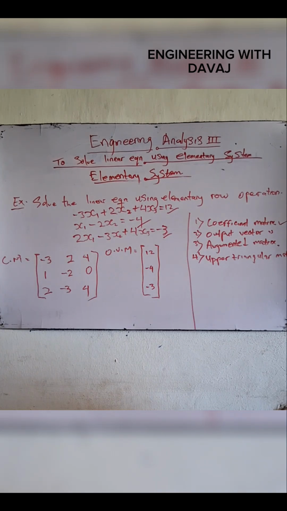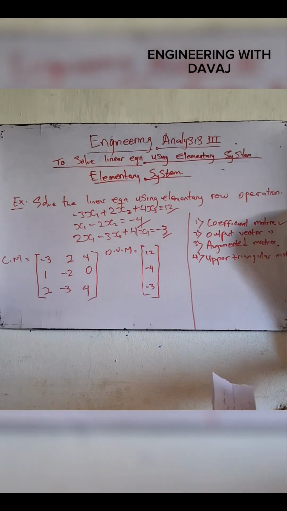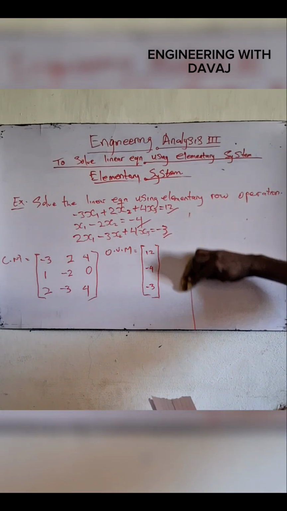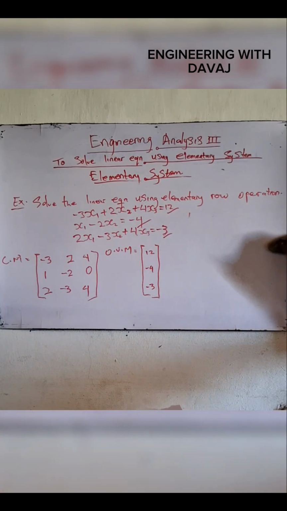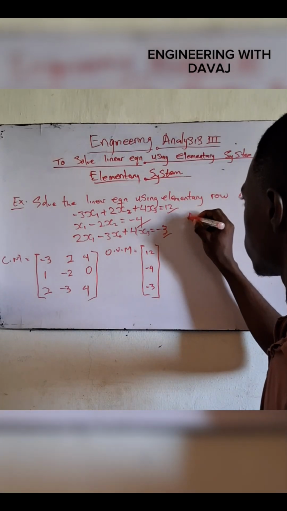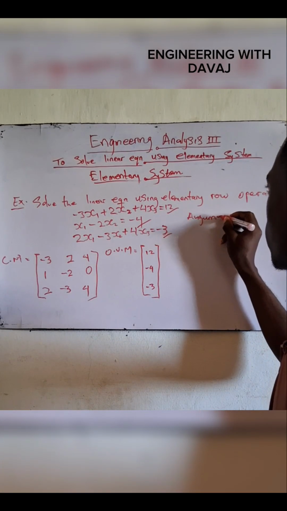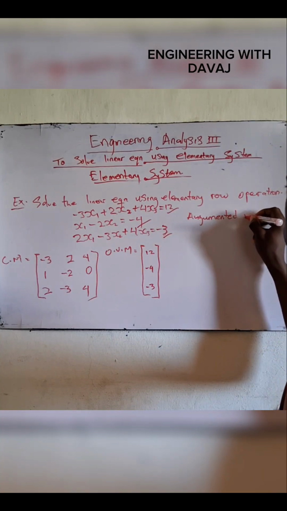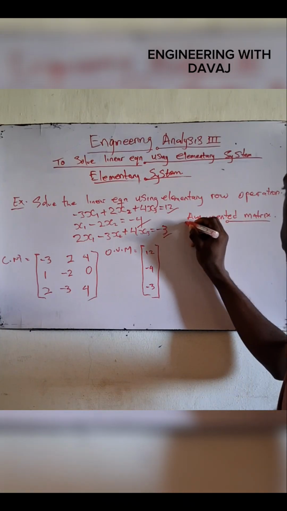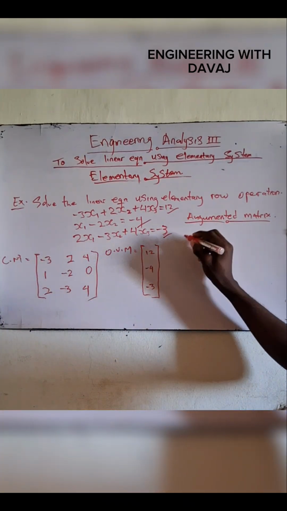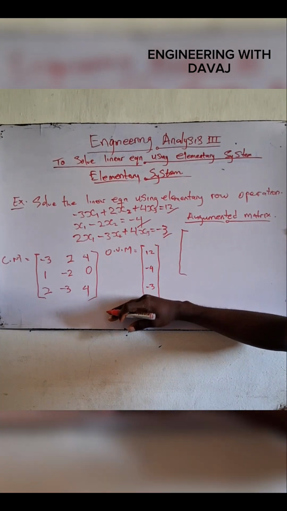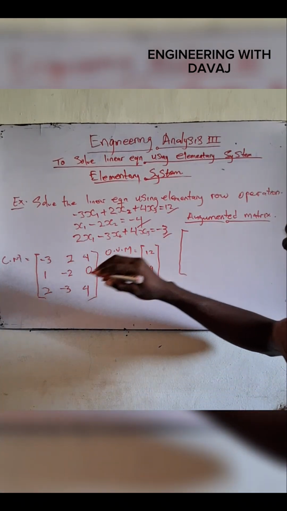And the third step is writing out my augmented matrix. Let me clean this part. My augmented matrix is going to be the combination of my coefficient matrix and the output vector matrix. And what is my coefficient matrix?